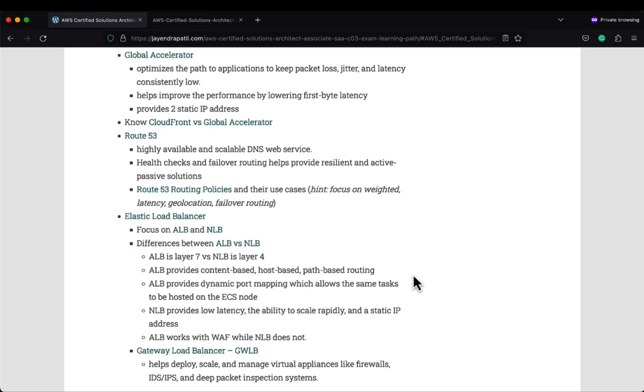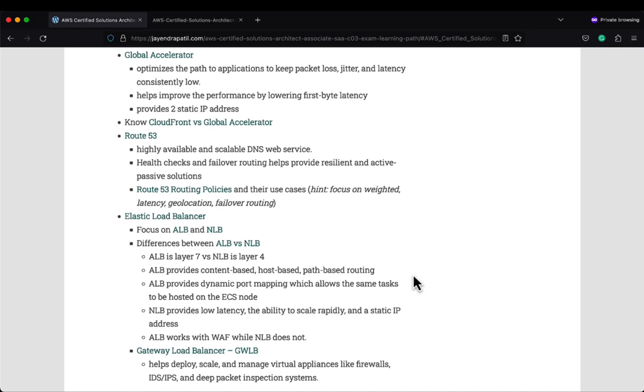Route 53 provides a highly available and scalable DNS web service. Focus on the Route 53 routing policies, especially latency, weighted, and failover. Elastic Load Balancing provides high availability and scalability.